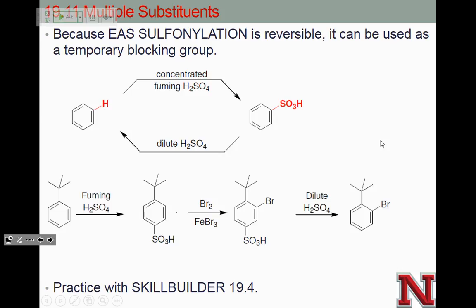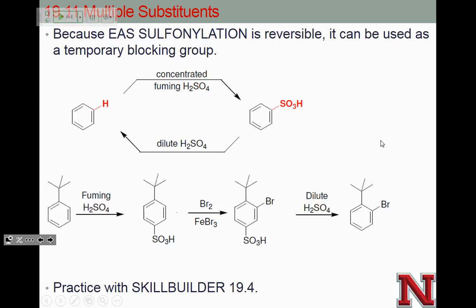Now there are some limitations to this, and the biggest limitation is SO3H is an electron withdrawing group, so that means acylation and alkylation can't occur once this is on. So this can't really work if we're trying to do acylation or alkylation, because this makes our ring too electron withdrawing and too deactivated to react, unless this is a really strong activator group.